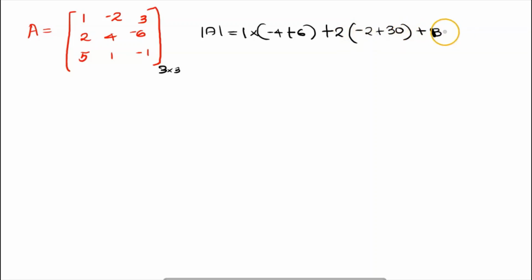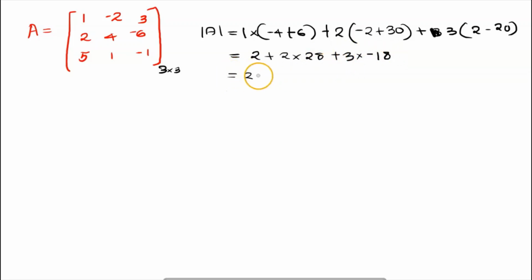Next 3 into, this is 2 minus 20. So we get 6 minus 4 is 2, and 2 into 28 plus 3 into minus 18.